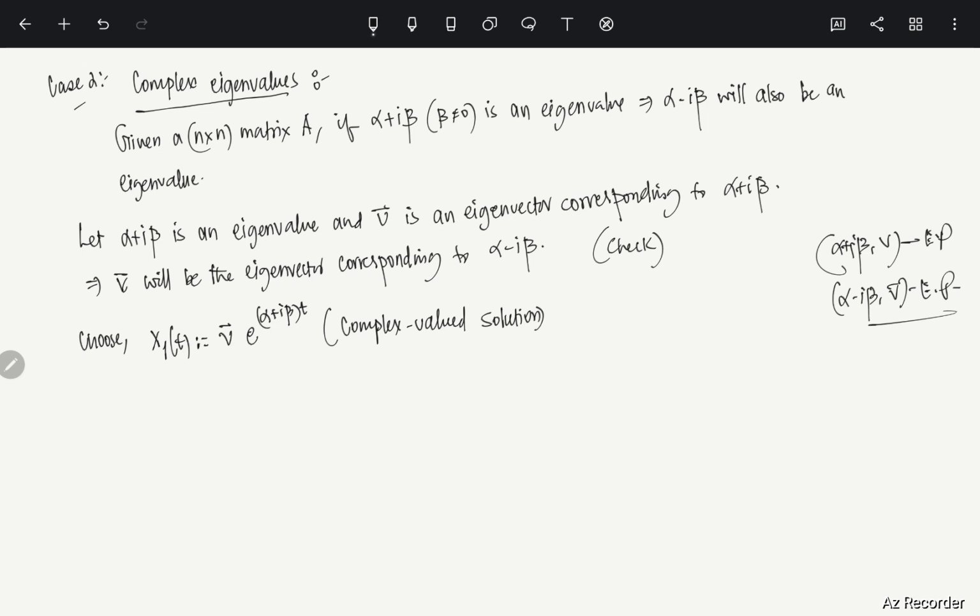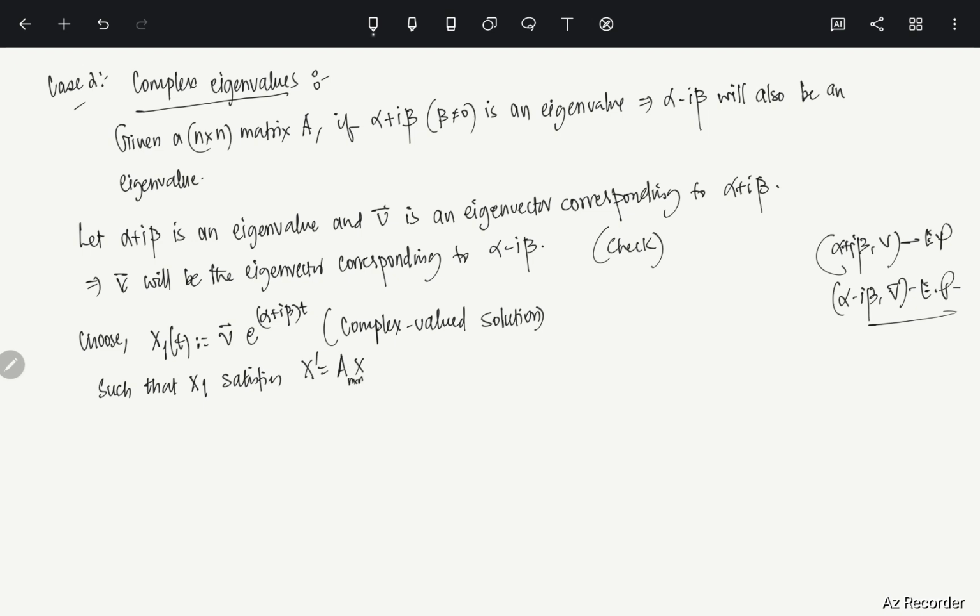Clear? Okay, now if this is the case, then choose this such that x1 satisfies the equation x prime equals to ax, n cross n.